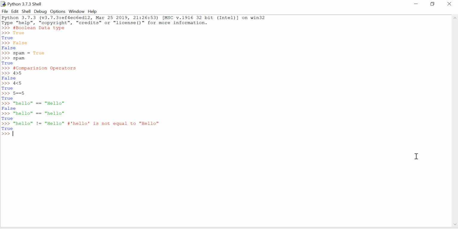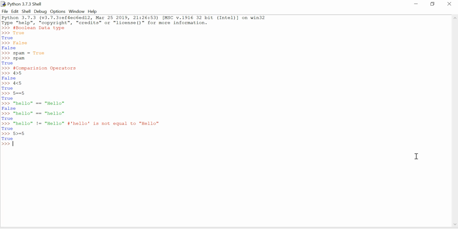There are two more comparison operators that we need to talk about, and they are greater than or equal to and less than or equal to. For example, if I have 5 is greater than or equal to 5, this is True because, even though 5 is obviously not greater than 5, it surely is equal to itself. We can also use variables.